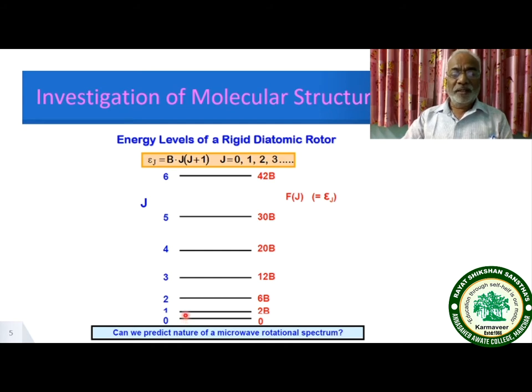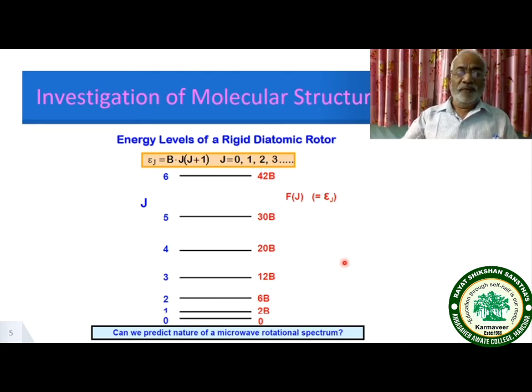But when it is present in the J equal to 1 state, it is a non-zero value and molecules start rotating. It means in the higher energy states the molecule rotates, while in the ground rotational energy level the molecule is stable and stationary and does not rotate.